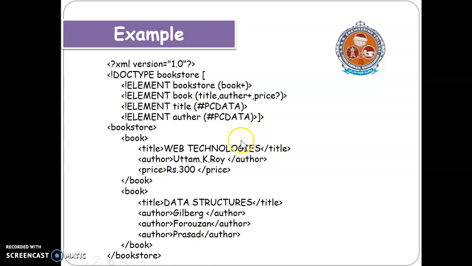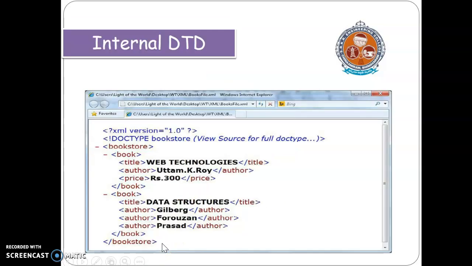Here we are giving the bookstore, and the elements are the title of the book, the author name, and the price of the book. The title is PCDATA and the author is PCDATA. And finally we get this output.